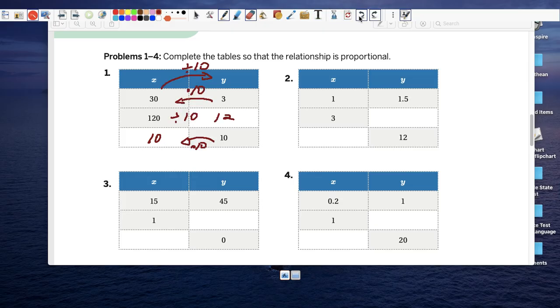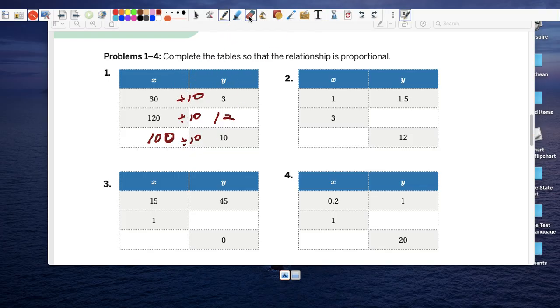This number was 12. So going this way, times 10, times 10, times 10. And if you want to check going the other way, 30 divided by 10 is 3, 120 divided by 10 is 12, and 100 divided by 10 is 10. Okay, I'm going to leave that there.